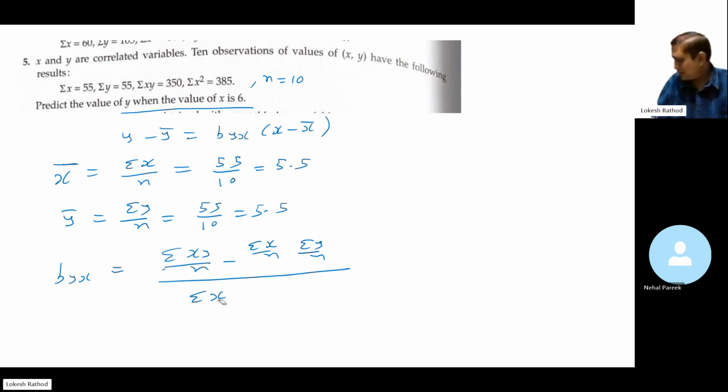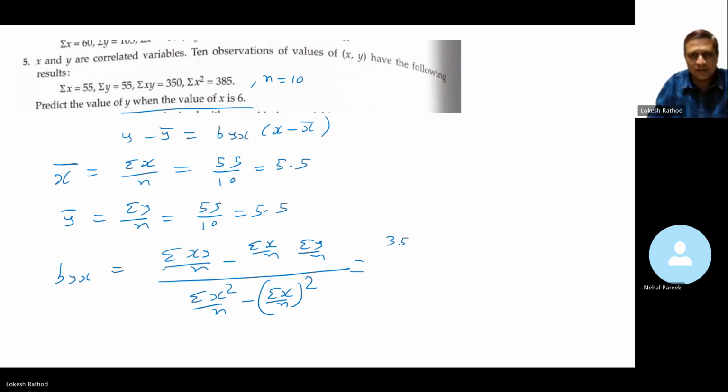So we have the second formula, that is sigma x square over n minus sigma x over n whole square. All values are there, right? Sigma xy is 350 over n, 10, minus sigma x over n, which we have already found, so you just write 5.5 times 5.5.